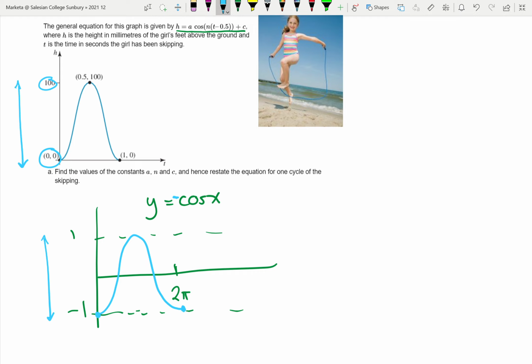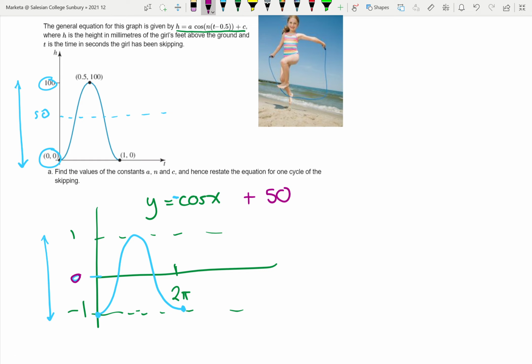So the center of the graph, or the average value, would be 50. That means from 0, it's gone up by 50. So we've added 50 here. The average of the top graph is 50, and the average of our parent graph would be 0. So we plus 50 to get there.